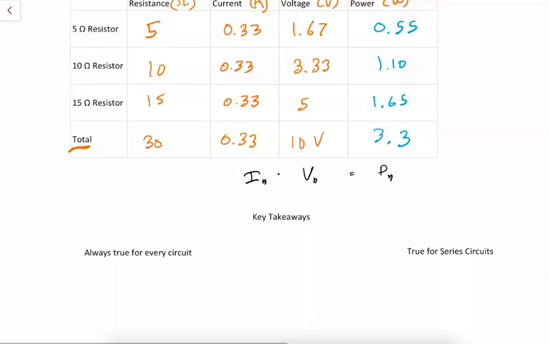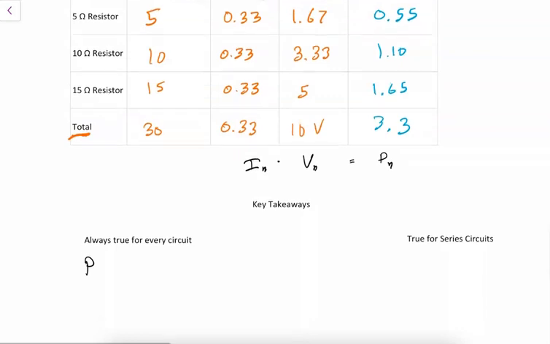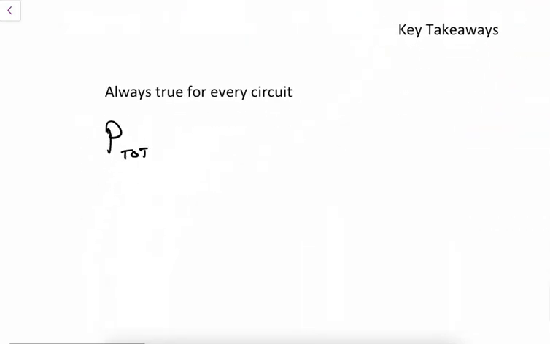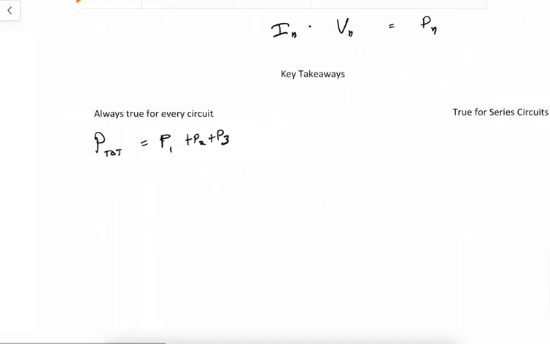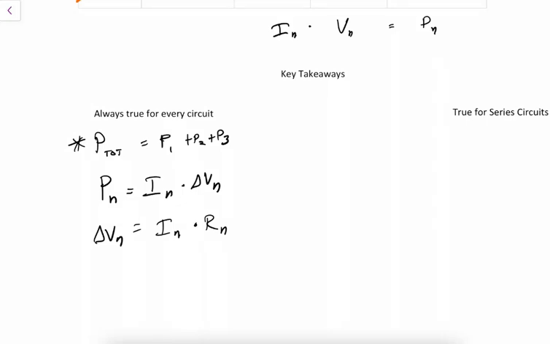So what's true for every circuit is that the total power is going to be distributed. That's always true. We also know that the power in a resistor is equal to the current times the potential difference across the resistor. And we also know that the potential difference across the resistor is equal to the current across that resistor times that resistor itself, with the focus on these Ns, and this N can be replaced with total, right?